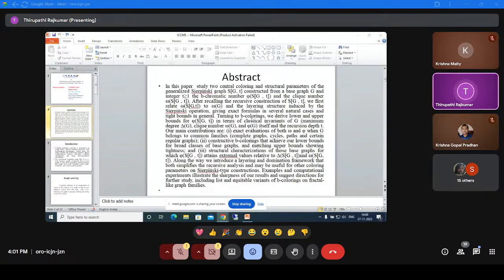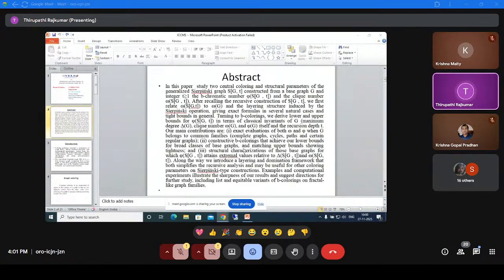Turning to b-coloring, we derive lower and upper bounds of φ_b(S(G,t)) in terms of classical invariants: maximum degree Δ of G, clique number ω of G, and φ_b of G itself, and the recursion depth t. Our main contributions are exact evaluation of both ω and φ_b when G belongs to common families, like complete graph, cycle graph, and path, and certain regular graphs.